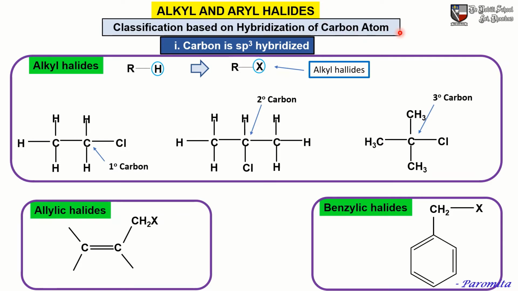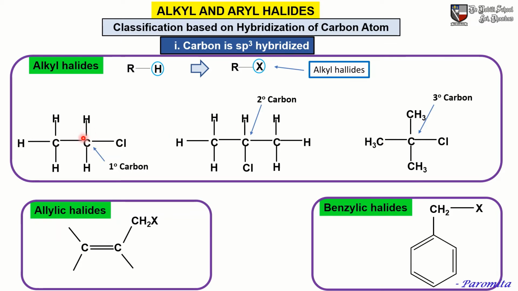The carbon atom that is attached directly to the halogen atom. So first let us discuss when the carbon atom that is attached to the halogen atom is sp3 hybridized. So first one is alkyl halides. In alkyl halides, all the halogen atoms are connected to carbon atoms which are sp3 hybridized.